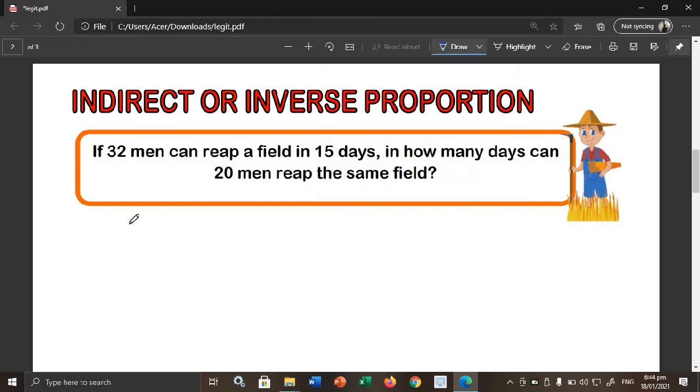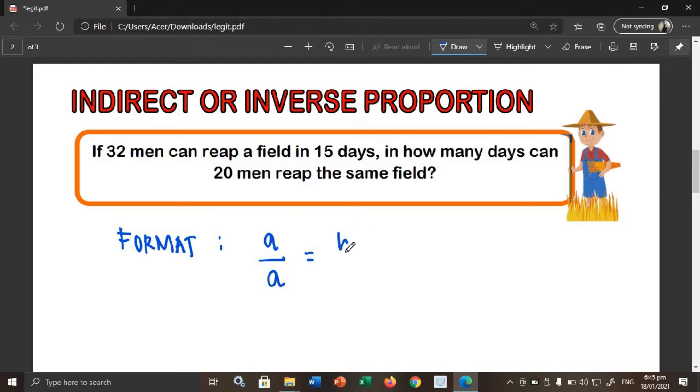You need to remember this format when you are solving problems regarding indirect or inverse proportion. The format is: you have your A here, the first classification of your given, and then the second classification of your given. So in the fraction notation, when you write the given in fraction notation, this is the format you will need to use.